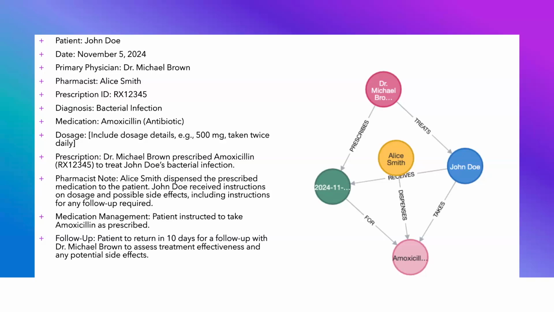So relationship extraction can be from just a single line, and it can also be from an entire paragraph. You understand, an entire book. So you want to look at what are the important nodes, what are the key players in this game, right? We can see that the key players here are the patient, the date, the primary physician, and the pharmacist. You understand?